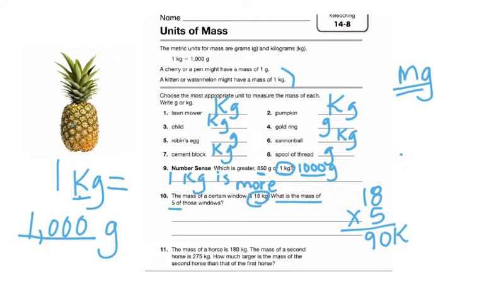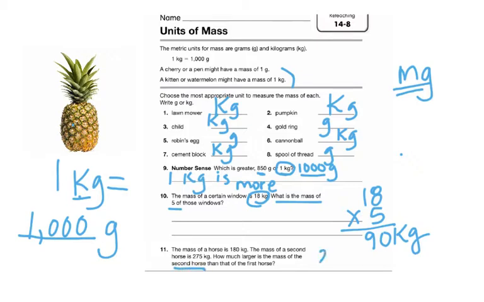the unit afterwards. And then number 11, the mass of a horse is 180 kilograms. The mass of a second horse is 275 kilograms. Wow, that's a lot. I'm just thinking you would need that many pineapples to equal that. All right, how much larger is the mass of the second horse than the first?